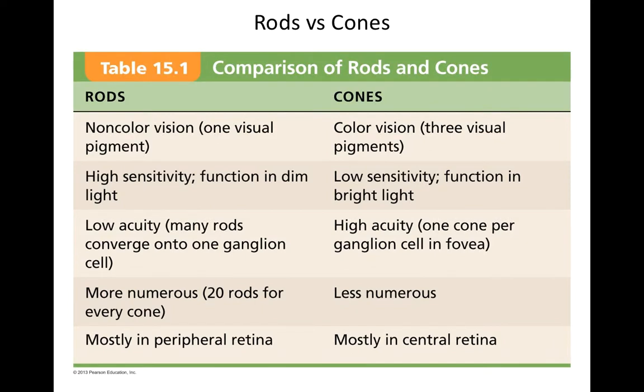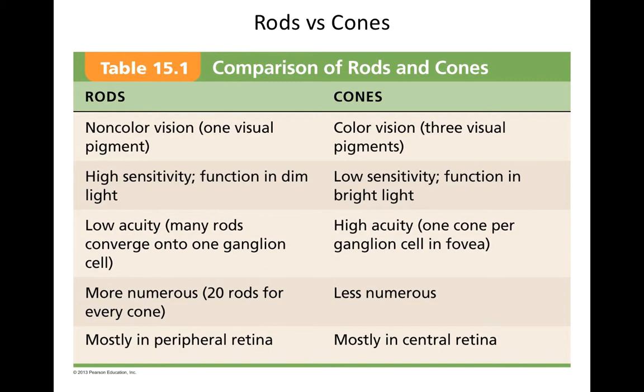So rods are going to give us our non-color, so our grayscale vision. So there's only one visual pigment, and it's dealing with grayscale. Cones give us color vision. So we have three different pigments we'll talk about. So we have red, green, and blue. And so rods are responsible for grayscale, cones are responsible for color vision.